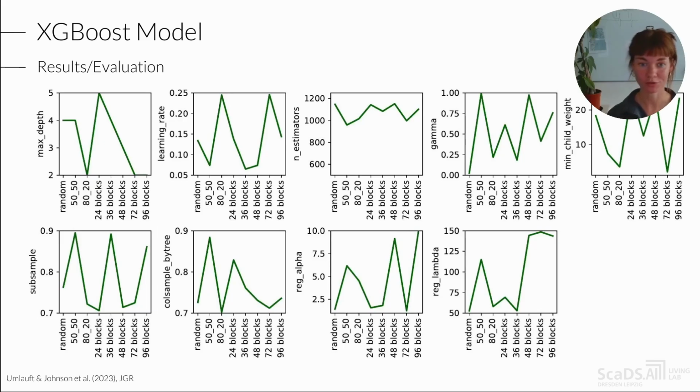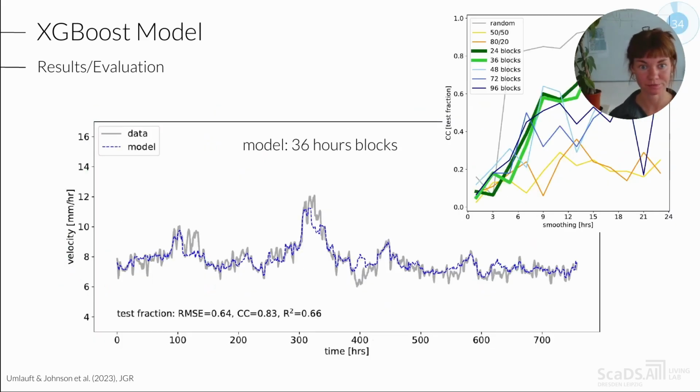But what this also shows you is that whatever kind of model you use, you have to optimize the hyperparameters because they differ so much for these different kinds of models. And my guess would be that this is also the case if you apply this model to different kinds of data from different glaciers.